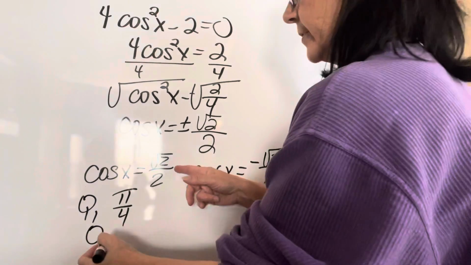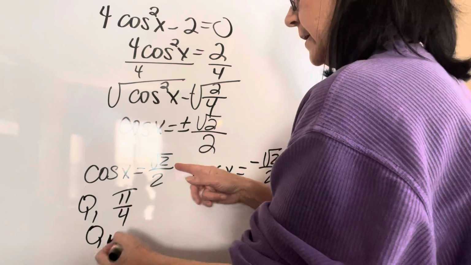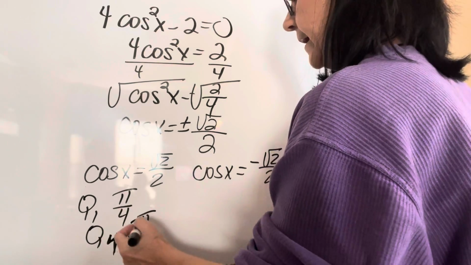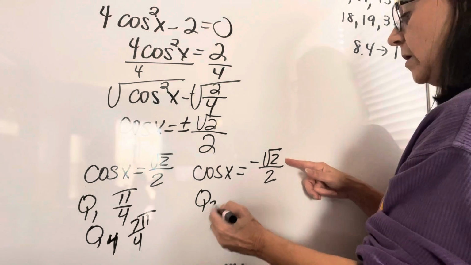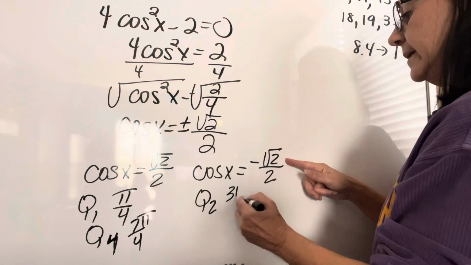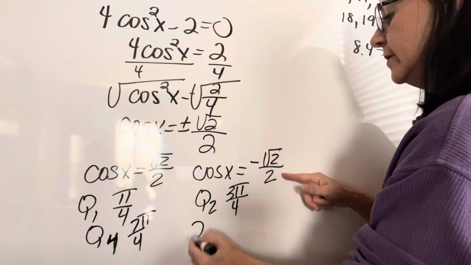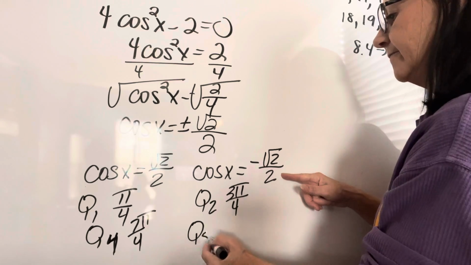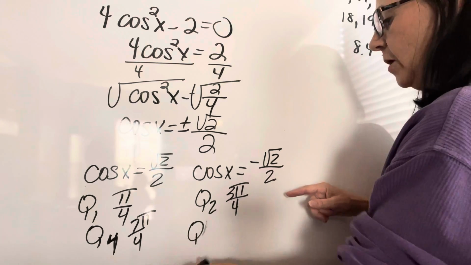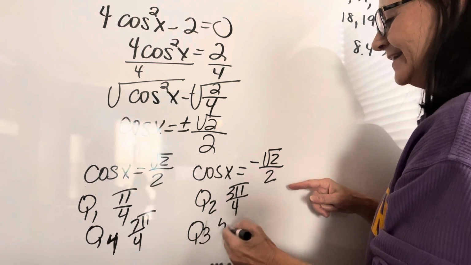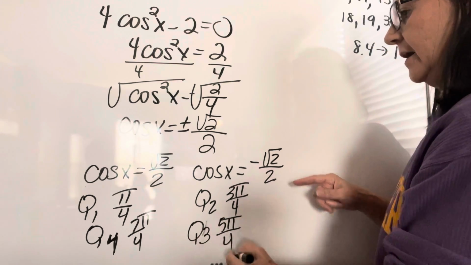In quadrant 4, that's going to be 7 pi over 4. All right. And for here in quadrant 2, what's that? 3 pi over 4. And quadrant 5, there's no quadrant 5. Quadrant 3 is, I believe, 5 pi over 4.